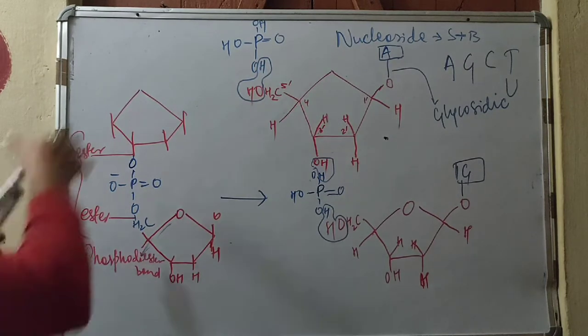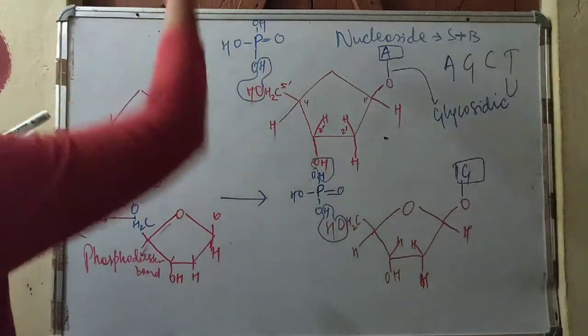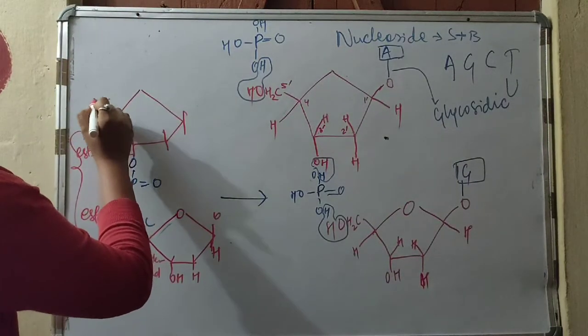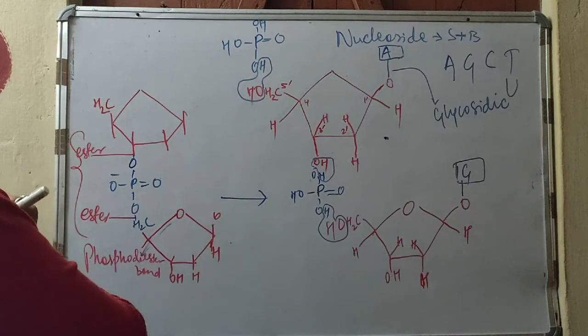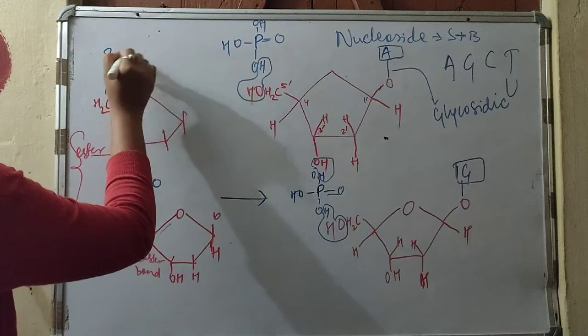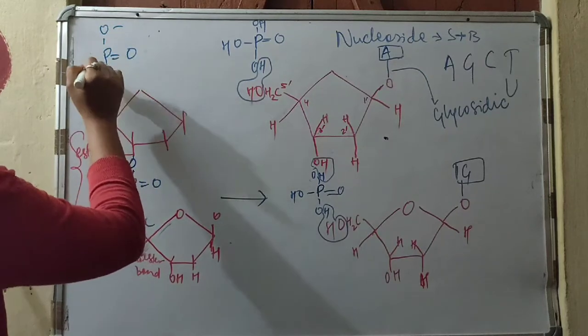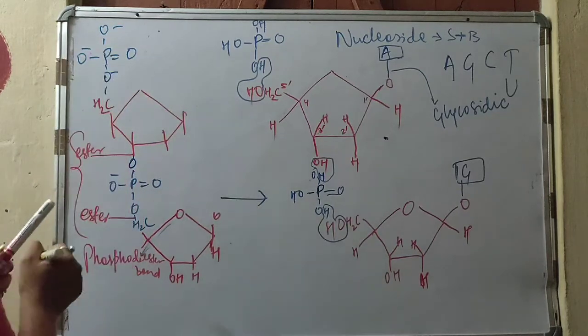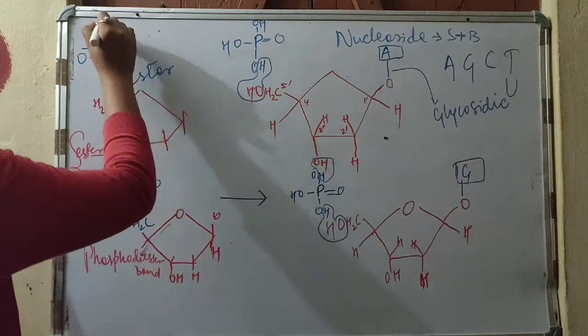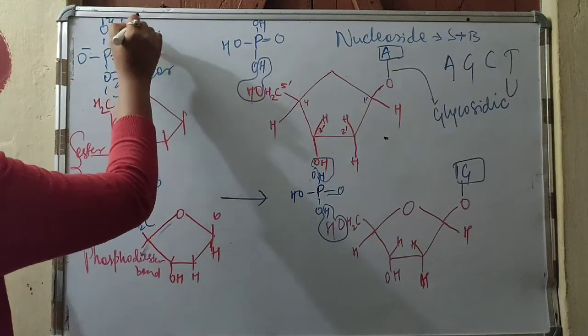And up also, for the next one, there is the next sugar again. So we have CH2, and then we have O, right? Here also there is a formation of ester bond, and here also one ester.